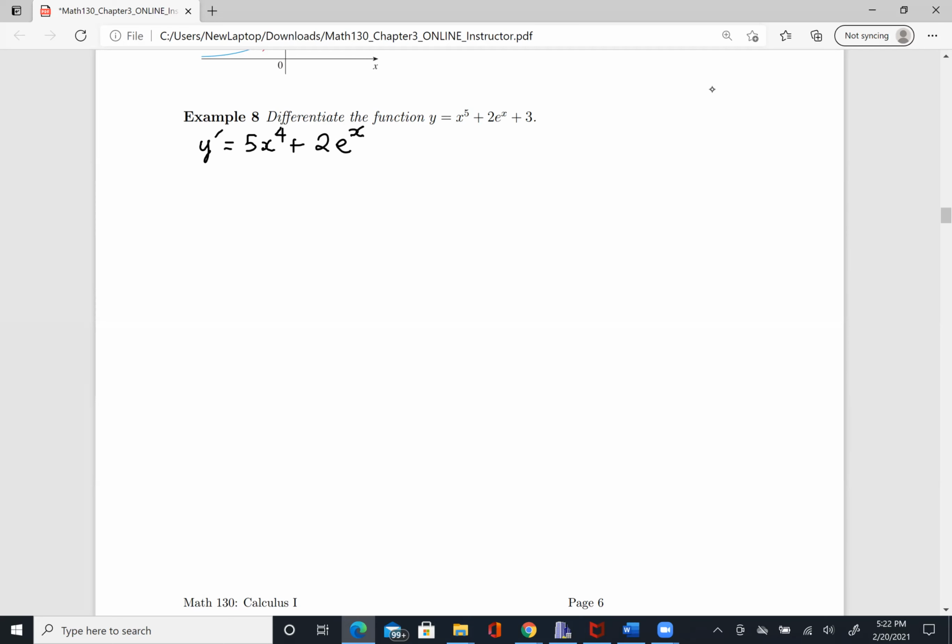And then the derivative of 3 is going to be 0. So I'm going to rewrite as 5x^4 plus 2 times e to the power x. That should be the answer for this part.